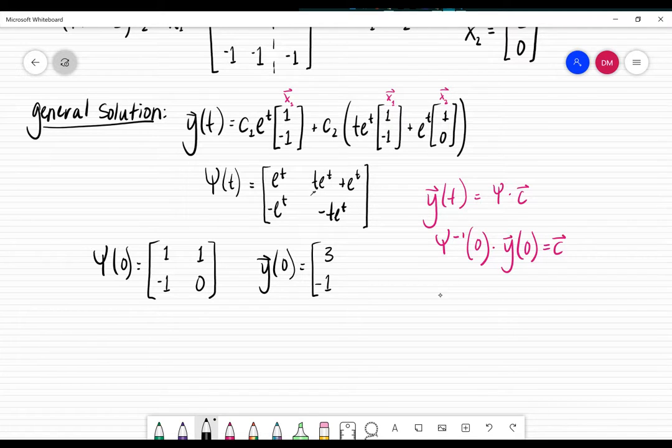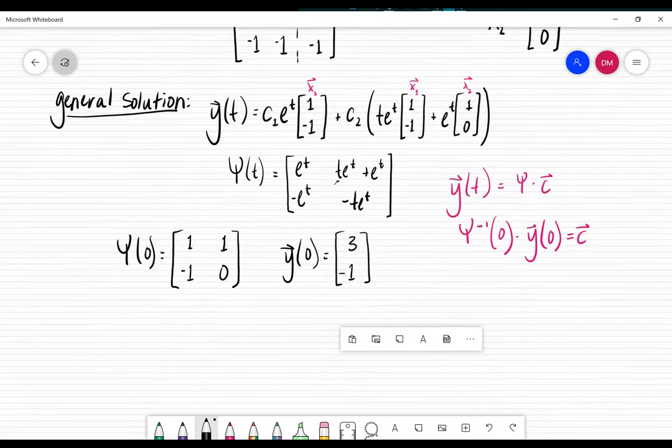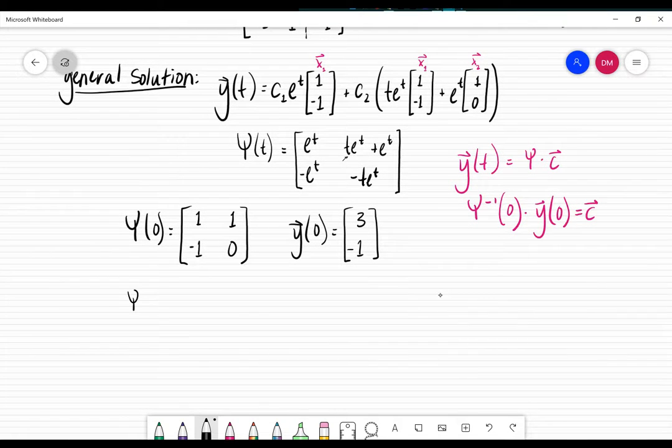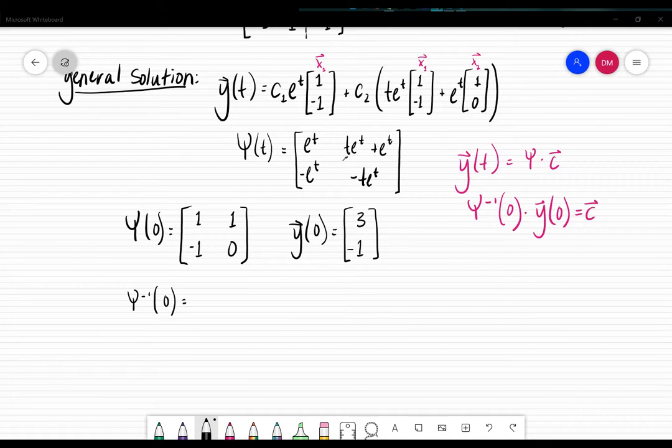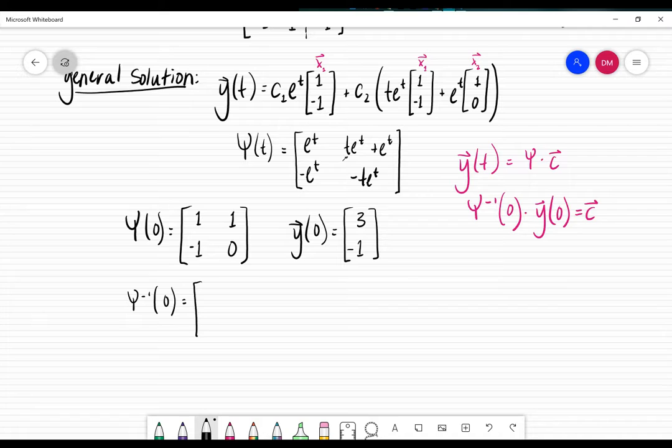3, -1. So I'm going to go ahead and invert my psi matrix here to find its inverse. And we do this after we've evaluated, so we're just dealing with constants here. And inverting that matrix, I would get 0, -1, and then 1, 1.